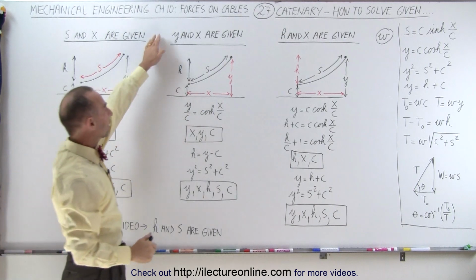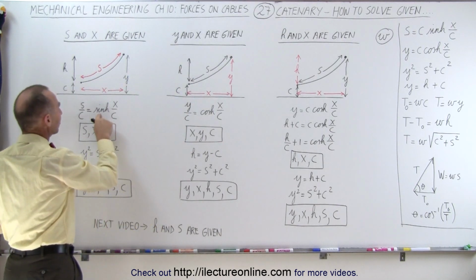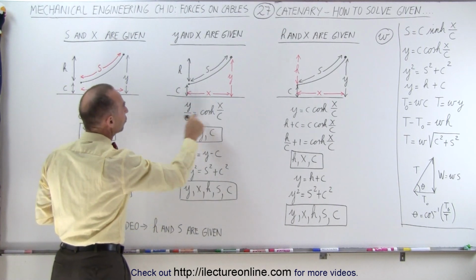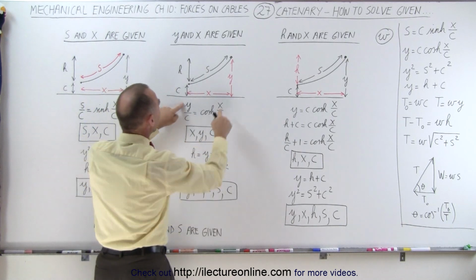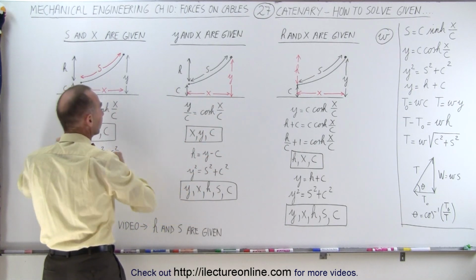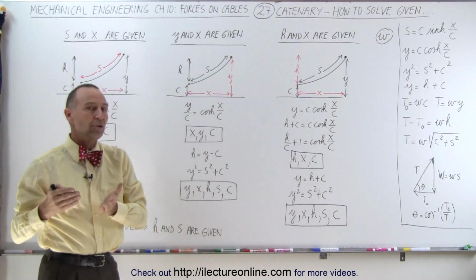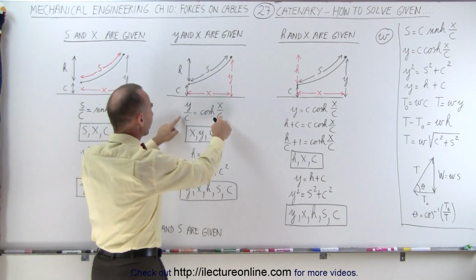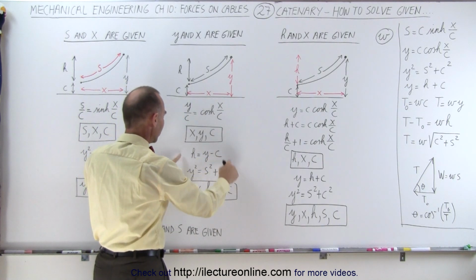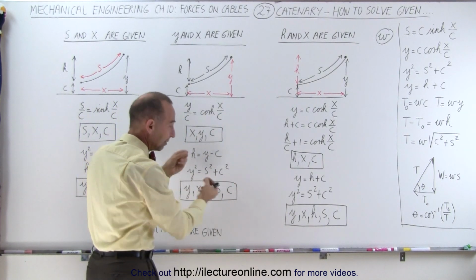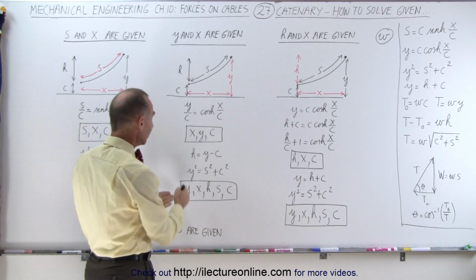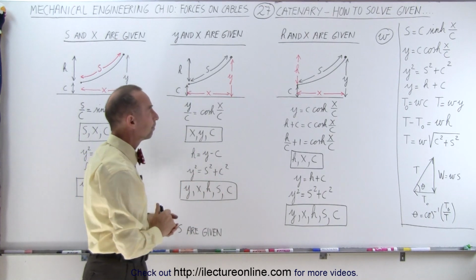If y and x are given, instead of using the hyperbolic sine, you're going to use the hyperbolic cosine, because that relates y and x instead of s and x. And since y and x are given, that's the perfect equation. Again, using the method of iteration, you'll find c, and then using the same 2 equations as before, maybe arranged slightly differently, you can then get all 5 of the variables.